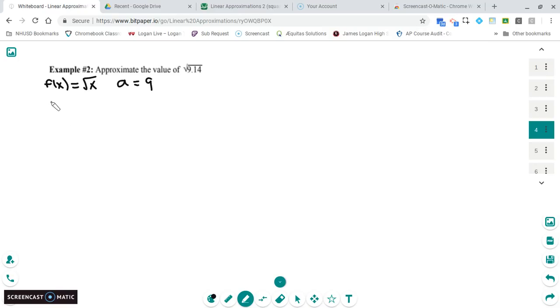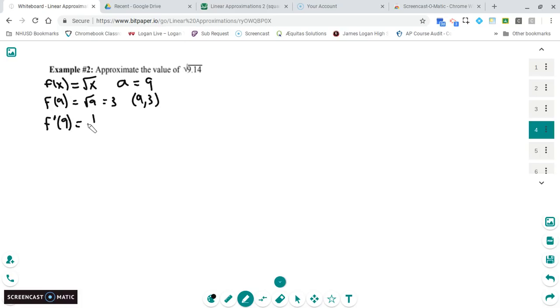So I calculate f of 9. Of course, that is going to be square root of 9, which is 3. So we're dealing with a point of tangency at (9, 3). Now I need the slope at x equals 9. So f prime of 9, and same square root function.